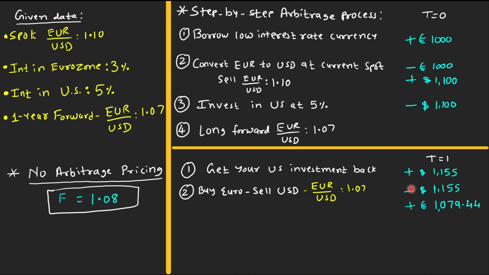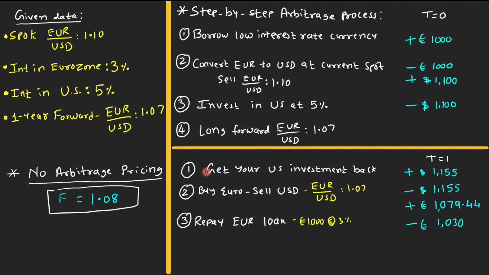So the 1,155 is minus, which leaves our account, and we have exchanged to euros, so we have plus 1,079.44 euros now in our account. That's the plus sign. Now we need to repay our euro loan at 3%.